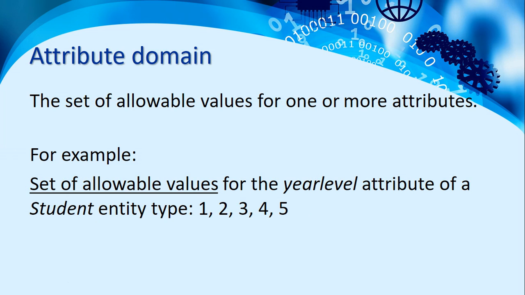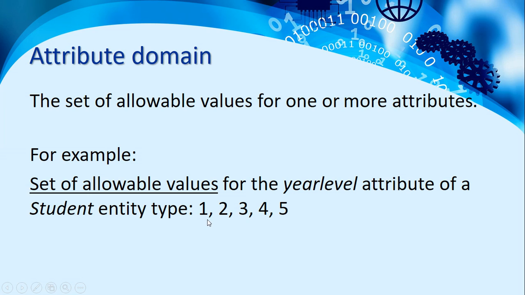So we also have what we call this attribute domain, or the set of allowable values for one or more attributes. So pag sinabing allowable values, ito lang yung mga values na pwede lang yang hawakan. Ito lang yung pwede niyan dapat na values. No? So for example, we have year level sa attribute for the student entity type.